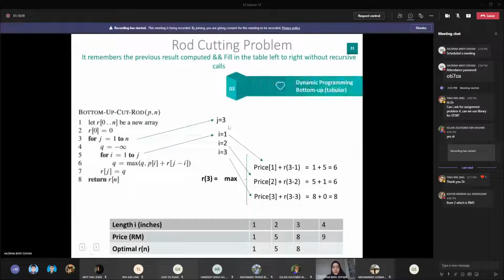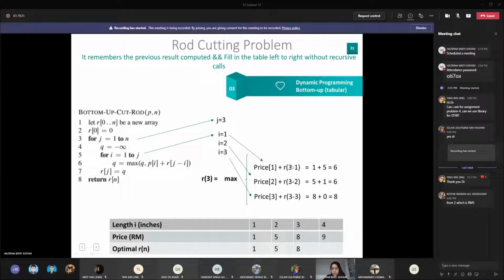So when j equals 3, we have 3 different scenarios to look at, which is i equals 1, 2 and 3. Again, we feed in all the information here, because this is the price of i: p1, p2, p3, plus r of j minus i.